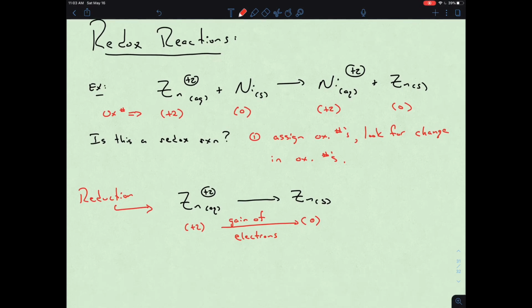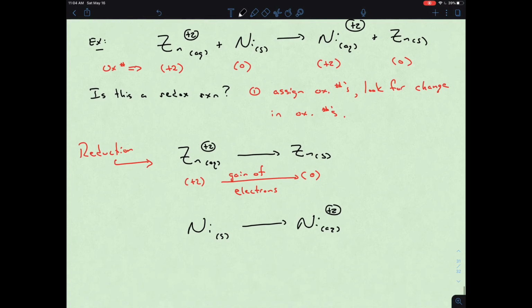If we look at the other player here, which is the nickel, we would observe the opposite process in that change. Now we're going from 0 to +2. So that is a loss of electrons.